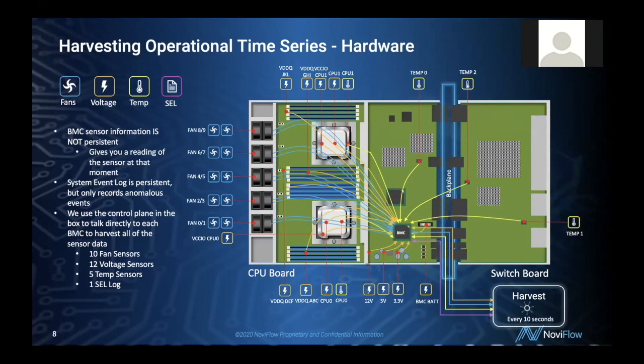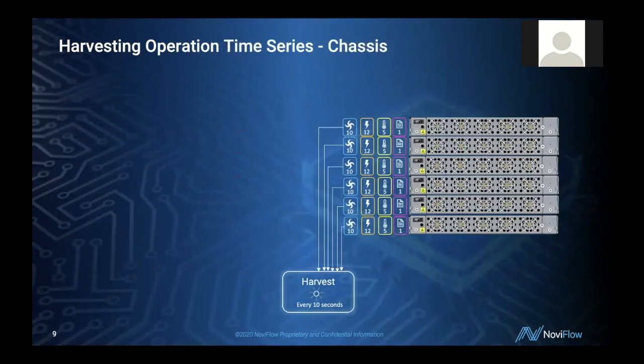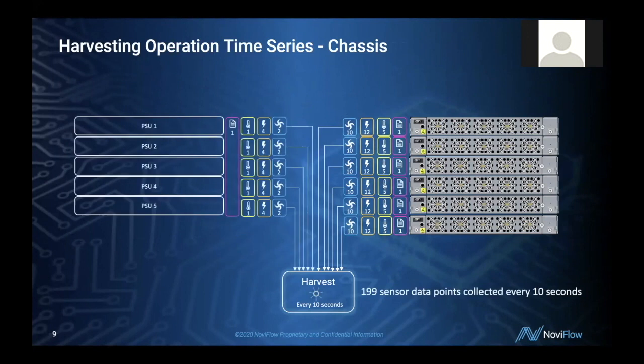And so we're using the control plane within the chassis to go and grab all of this information and centralize it into a database. And just to give you an idea, if you're harvesting all of these sensor data every 10 seconds, and then you're going to add in the rest of the 6 blades, and then you have the power supplies, which have their own temp and their own voltage and fan information, right?